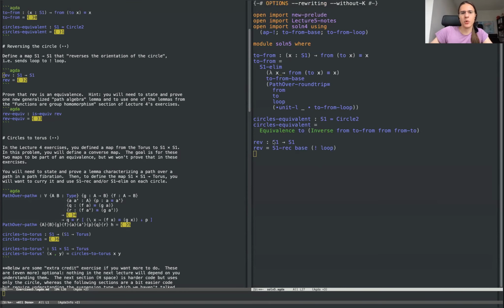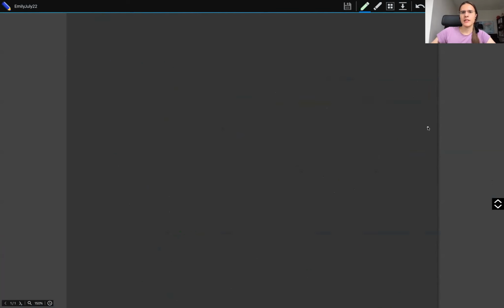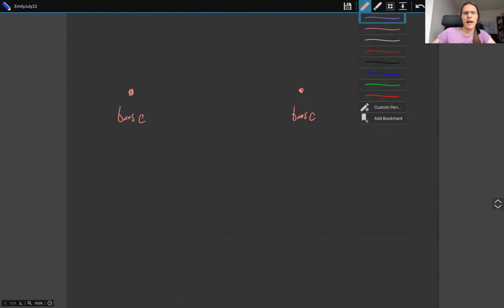So you can imagine, if we have our models of the circle, this is base. And here is going to be another circle with base. And then we have loop, and let's say that loop is oriented in this direction.